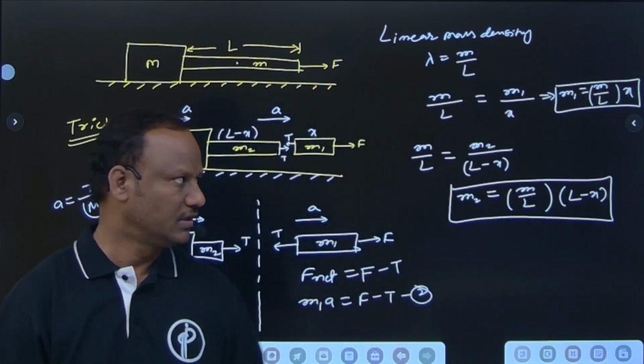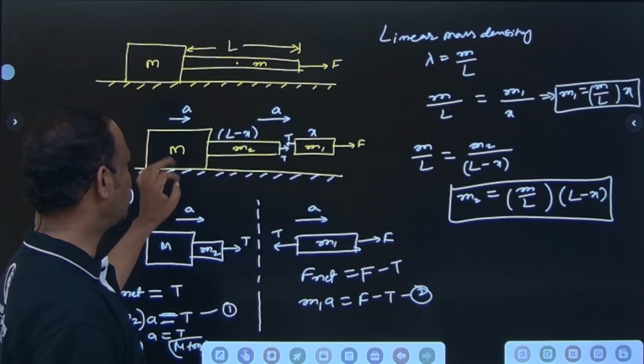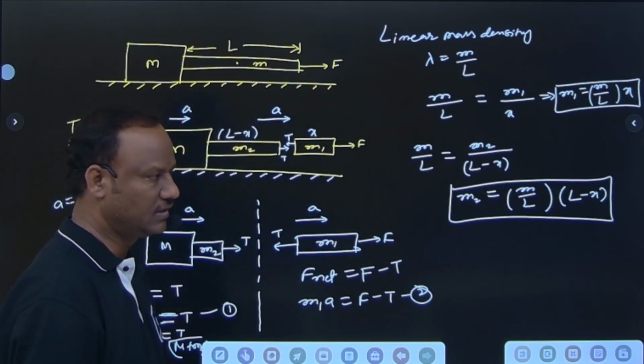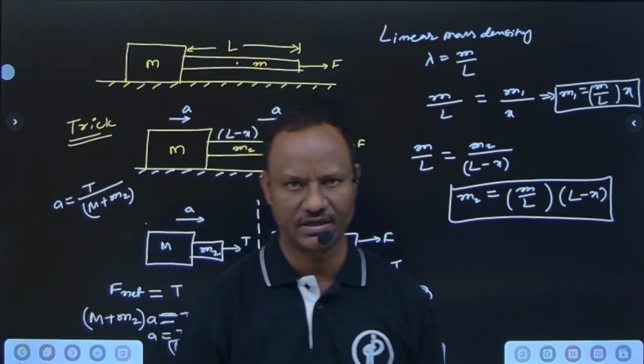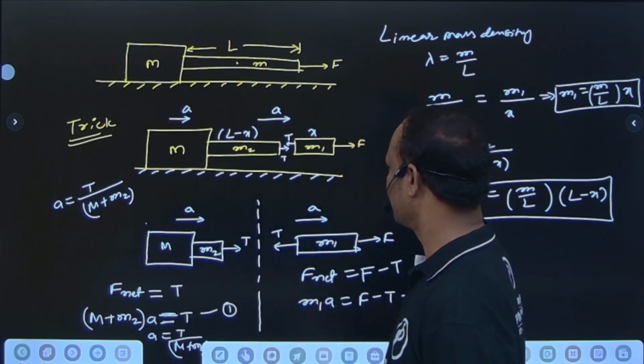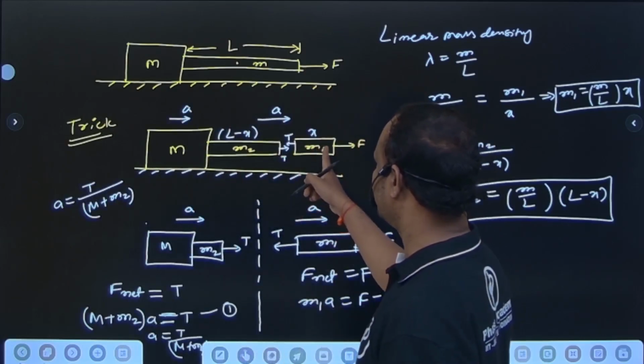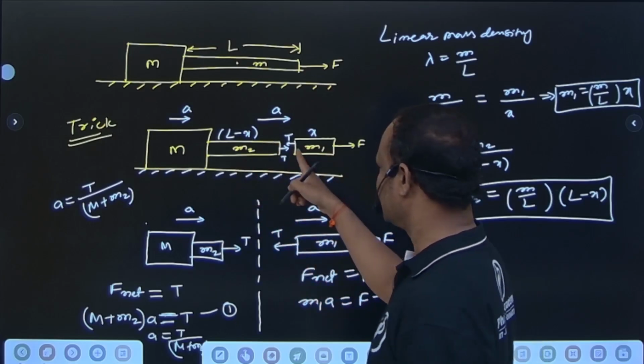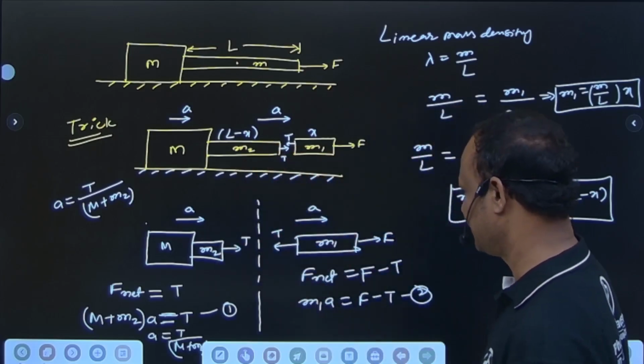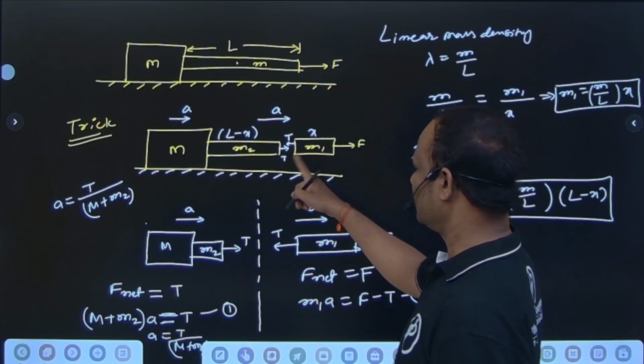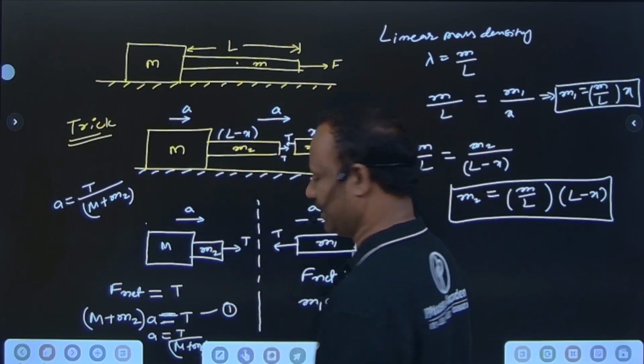This is the method. Whenever the mass of the string is considered, tension is different at different positions. At a particular length X, what is the tension at this point? I took the free body diagrams.